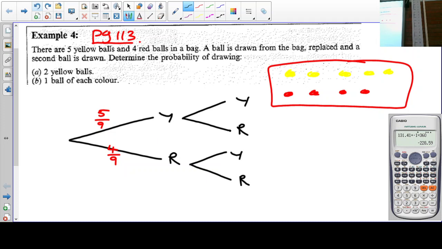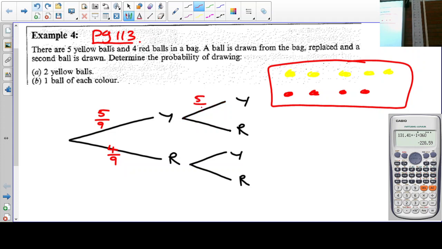Can you see that? But what is my probability now of drawing a yellow ball on the second draw? Remember, the ball is again in the bag. What's the probability of drawing a yellow ball out of this bag? 5 over 9.